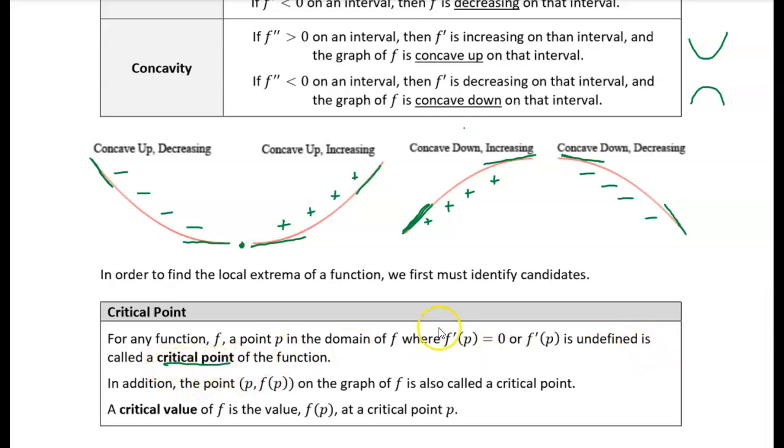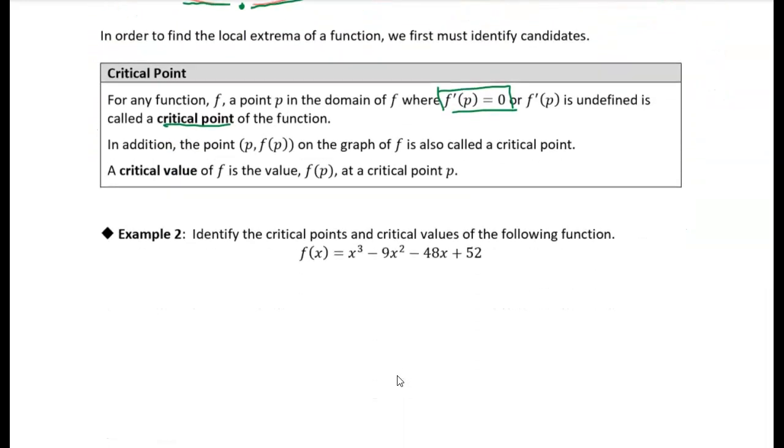Any place where the first derivative is 0, which means the slope is 0, which means that the function itself could be changing from decreasing to increasing or increasing to decreasing. So any point where the first derivative is 0 is considered a critical point. Okay, that's the first step in finding a local maximum or minimum, is finding those critical points.